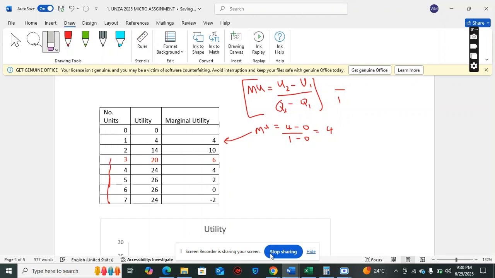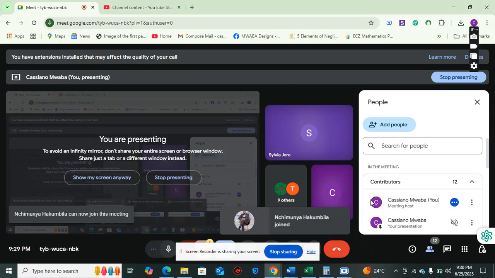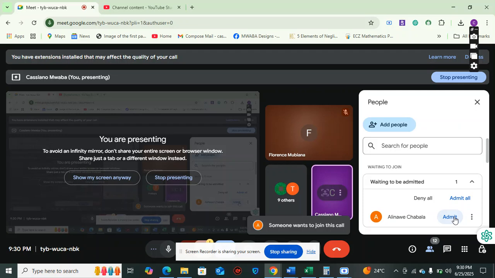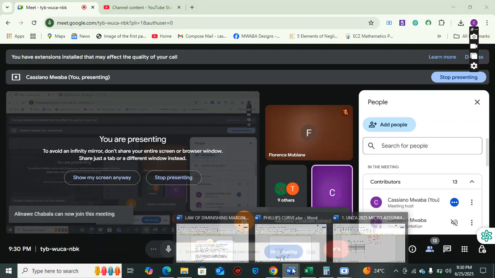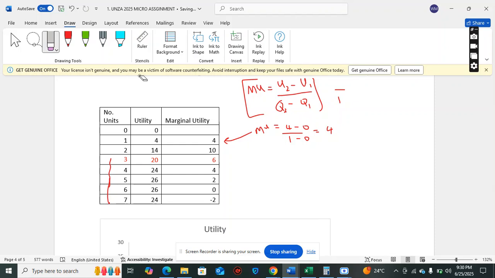Next, we are moving from 1 unit to 2 units. So this will be your Q1, this will be your Q2.